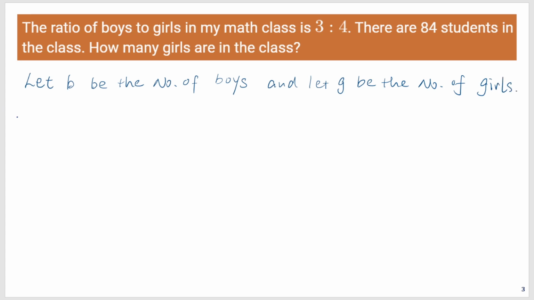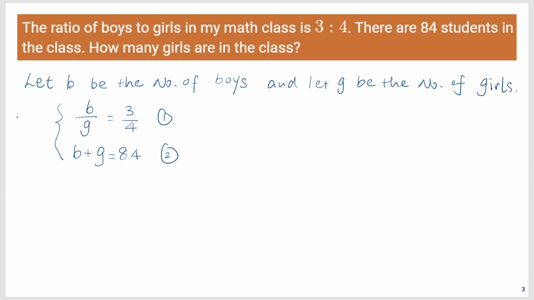Then we have B over G is given to be 3 over 4, right? We are also given that the sum of B and G is 84. So basically you have 2 variables and 2 equations, which we can solve for B and G, right?